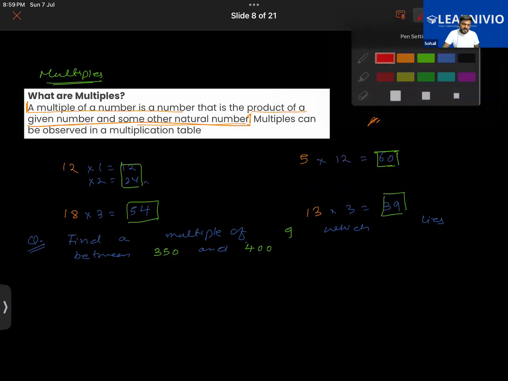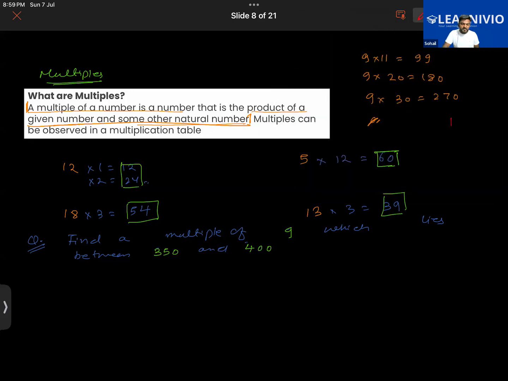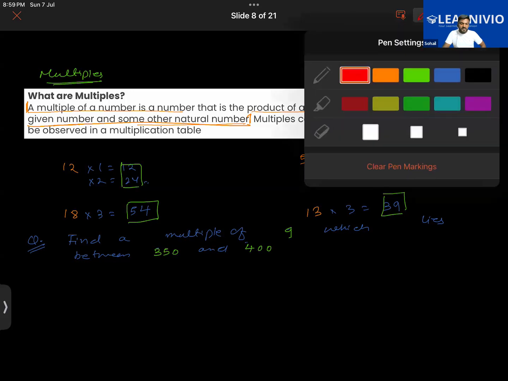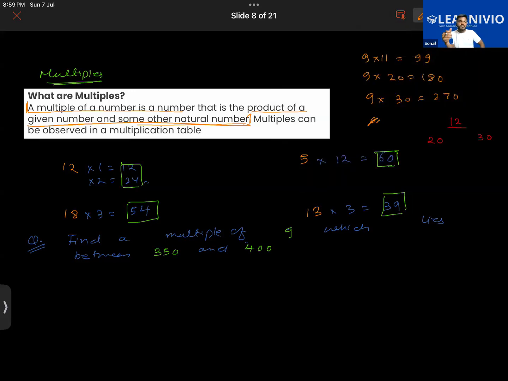Say for example, I'm asking you to find a multiple of 12 that will lie between 20 and 30. What are the multiples of 12? 12 ones are 12, 12 twos are 24, 12 threes are 36, like this.